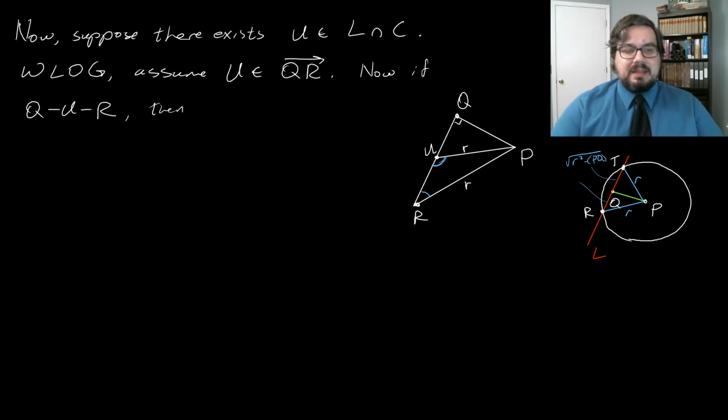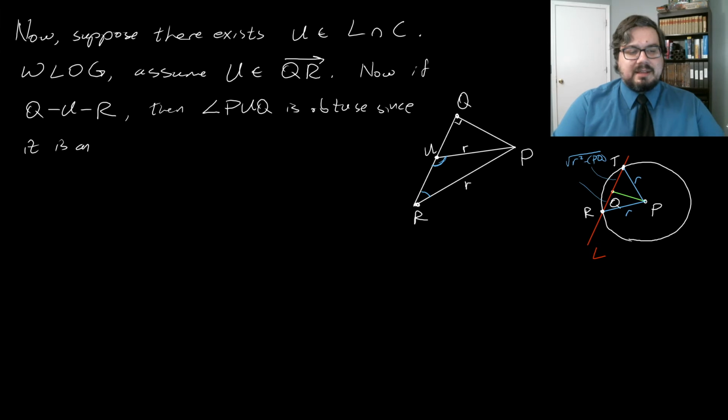So if we have Q-U-R, then that means that the angle PUQ is obtuse, since it is an exterior angle to the triangle PQU.